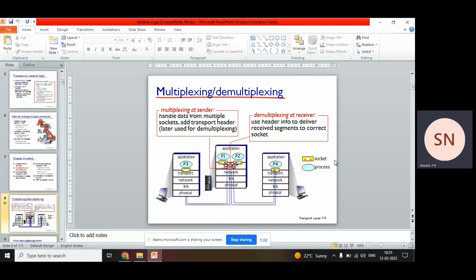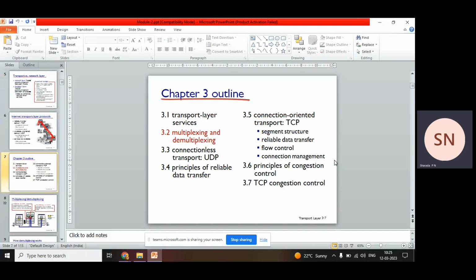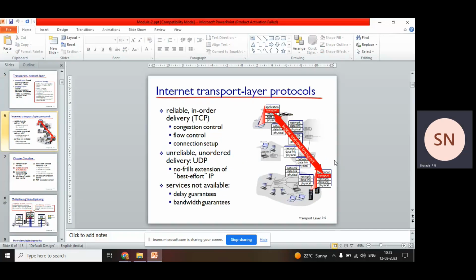UDP and TCP also provide integrity checking by including an error detection field in their segment headers. UDP is an unreliable service and does not guarantee that data sent by one process will arrive intact at the destination process. TCP, on the other hand, offers several additional services to the application.